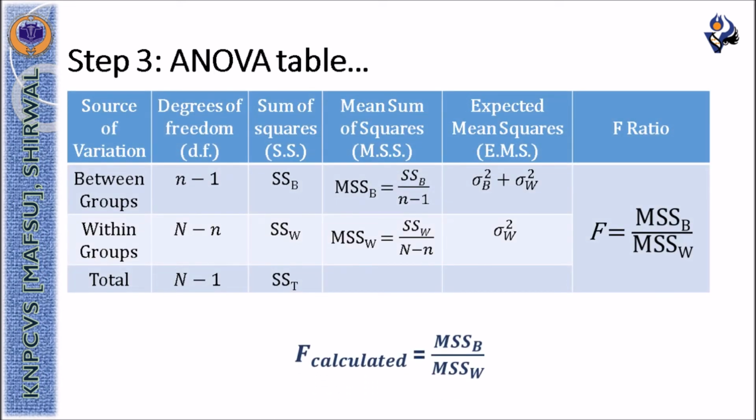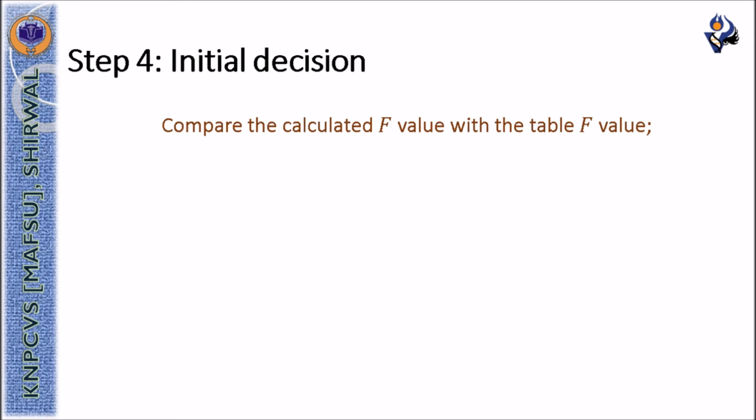One-way ANOVA table is constructed using the given columns, and F ratio is calculated by taking between the groups mean sum of squares divided by within the groups mean sum of squares. The initial decision will be based on comparison of calculated F value with the table F value.